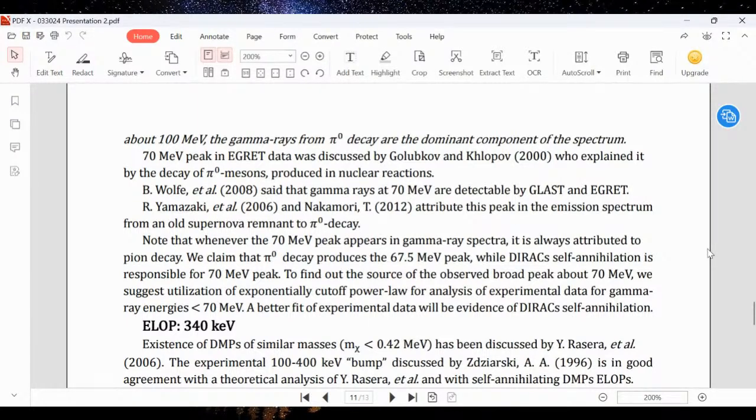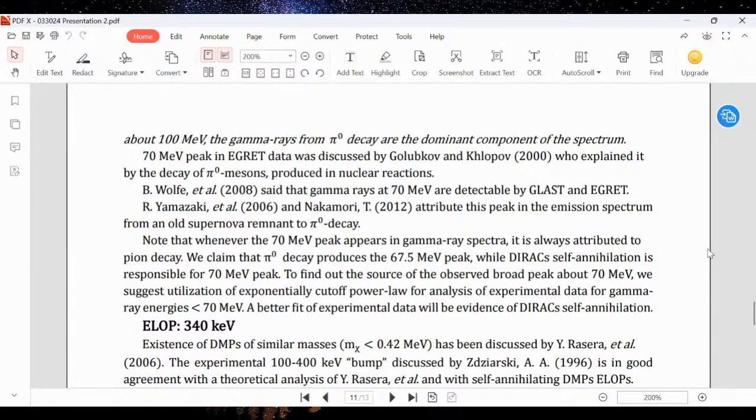Note that whenever the 70 mega-electron volt peak appears in a gamma-ray spectrum, it is always attributed to pion decay. We claim that pion decay produces the 67.5 mega-electron volt peak, while Dirac's self-annihilation is responsible for the 70 mega-electron volt peak.